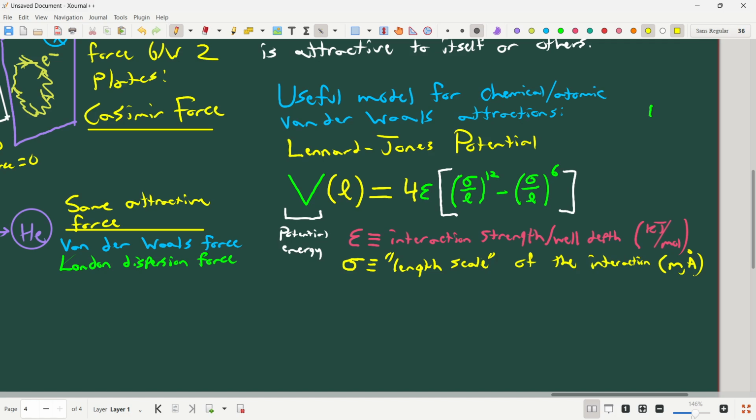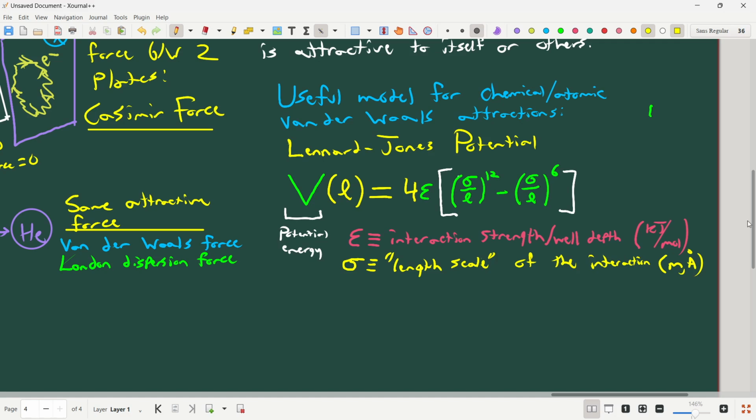So what are the units of this equation? Sigma has units of length. Length divided by length is unitless, so this whole thing is unitless. It's multiplied by a number times kilojoules per mole, so this is in kilojoules, some sort of energy. This tells us something about the energy of the attraction or the repulsion, as we'll see in a second, as a function of the distance between the two atoms.